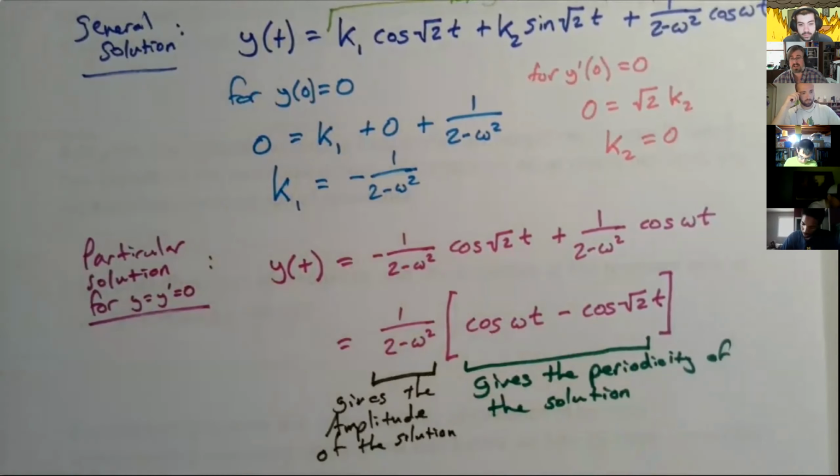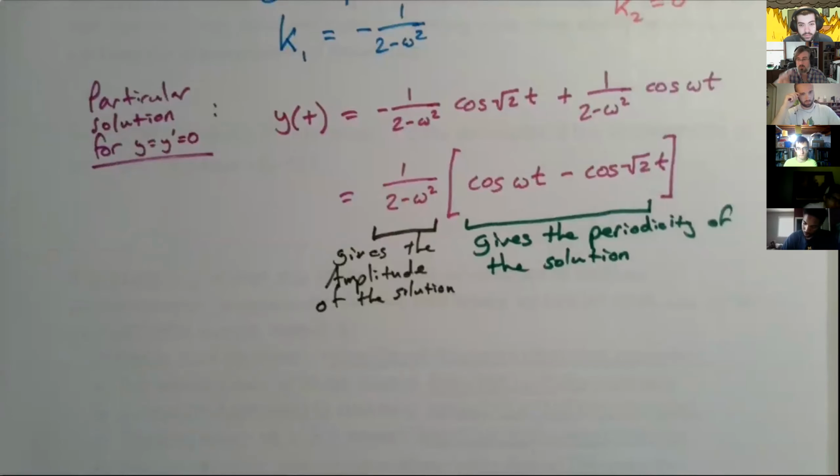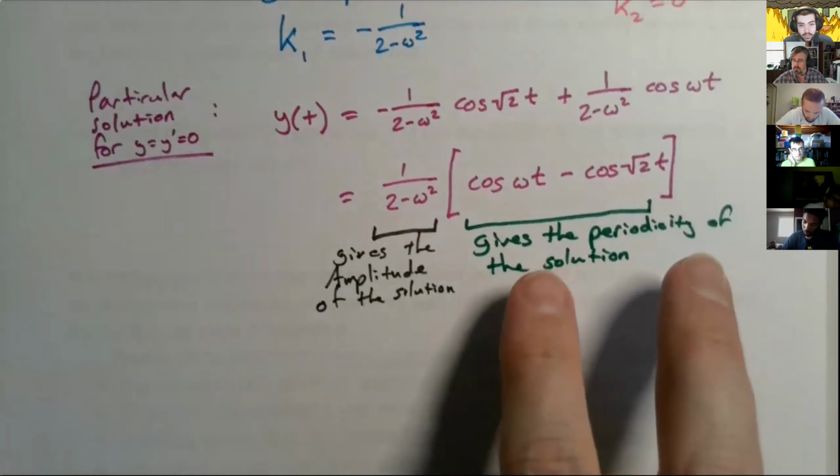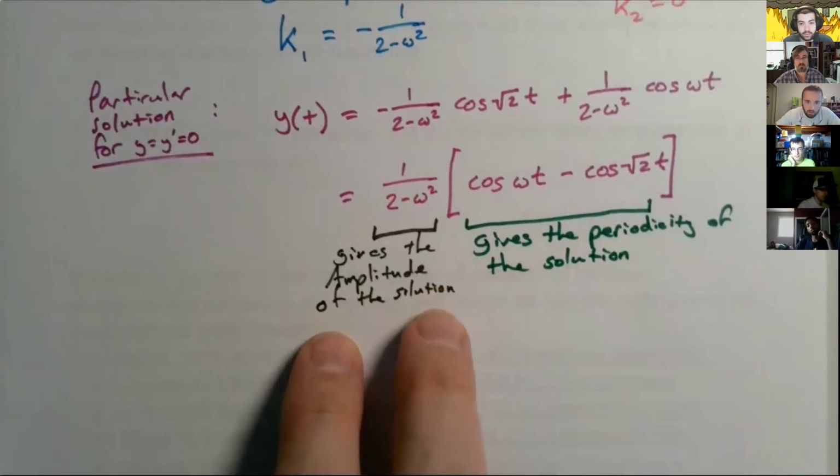So whatever you let your omega equal, that's how you determine your amplitude. So you tune your forcing function to a particular value for omega. You will have periodicity that depends on omega, but you'll also have amplitude that depends on omega.